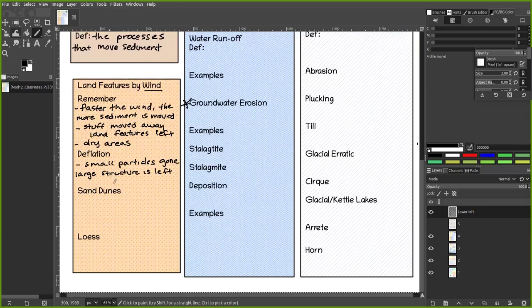Second thing is sand dunes. Sand dunes are hills made out of sand. And the sand gets picked up and dropped into these hills.